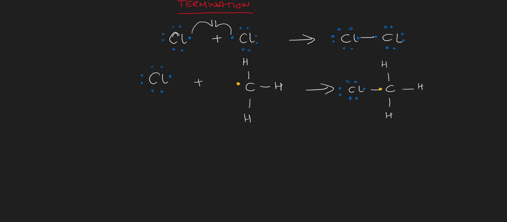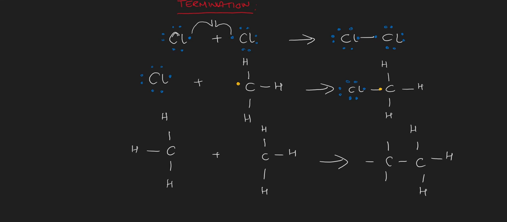So if we have carbon with our 3 hydrogens, and carbon with our 3 hydrogens, we can form ethane. And again, so this time we are just showing these guys here and there, just so for your own clarification.